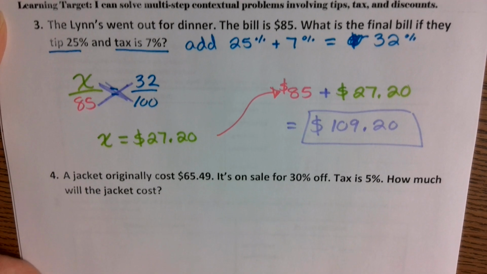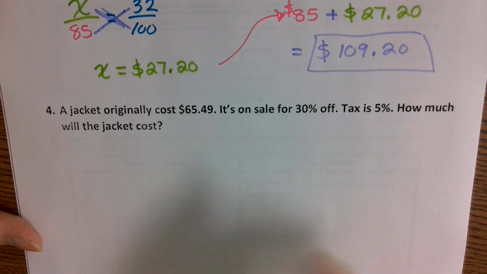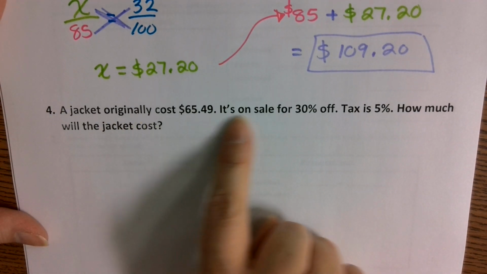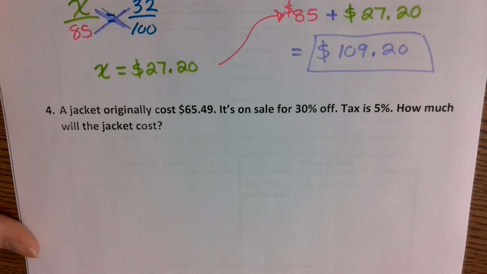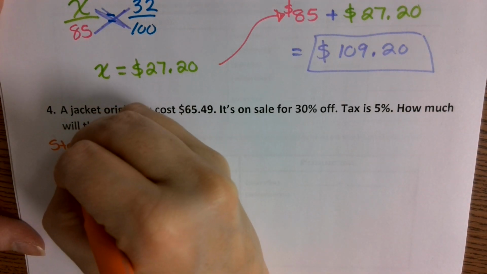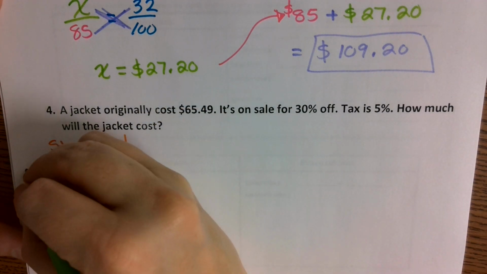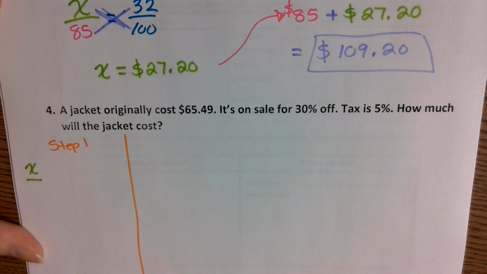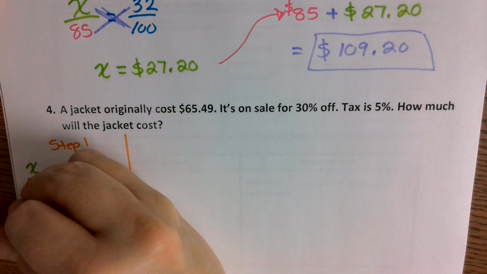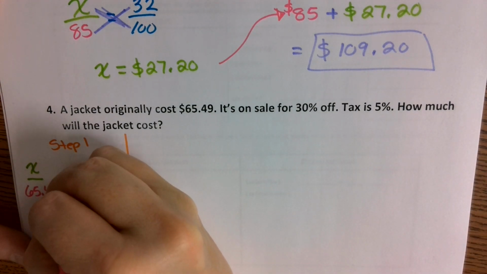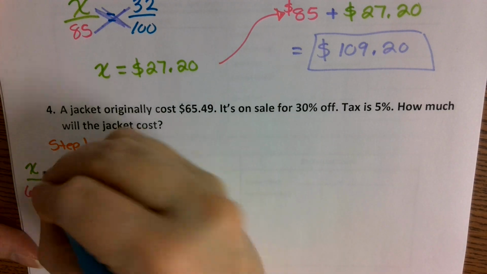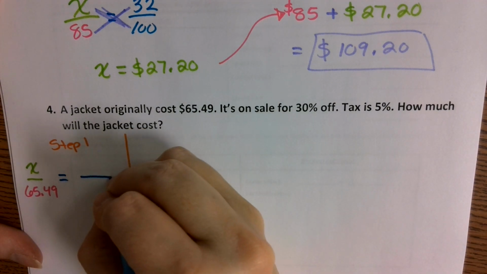Okay, problem 4. A jacket was originally $65.49. It's on sale for 30% off, 5% tax. What's the final cost? Again, we're going to set up our steps. Step 1, we got to find the discount. So X over $65.49 equals the discounted percent.